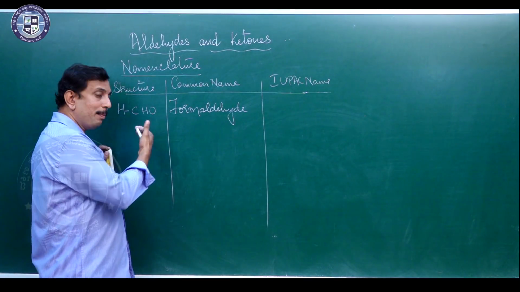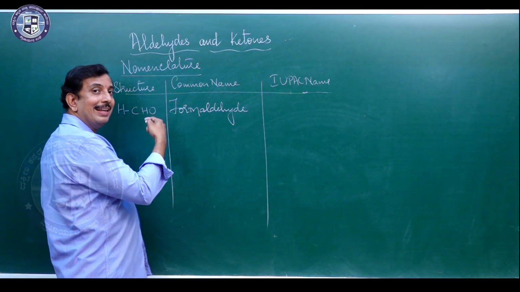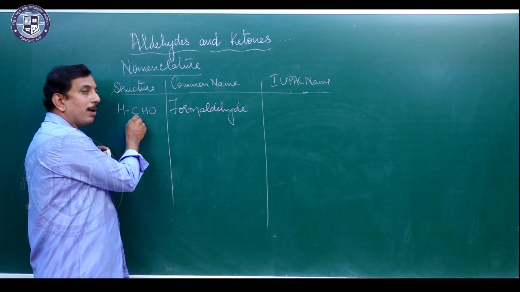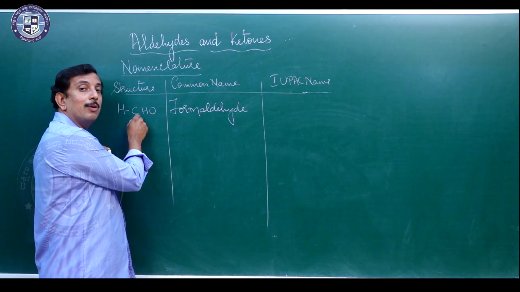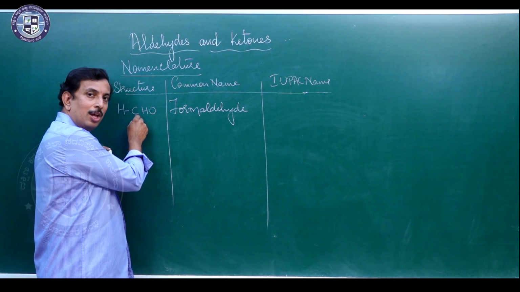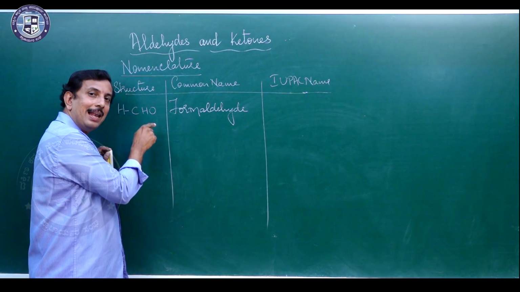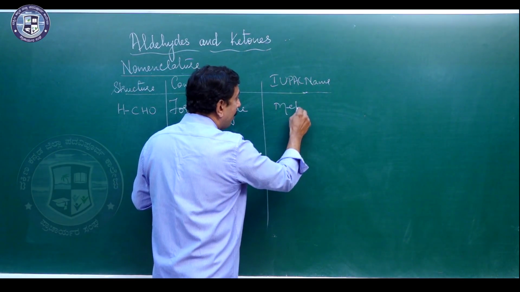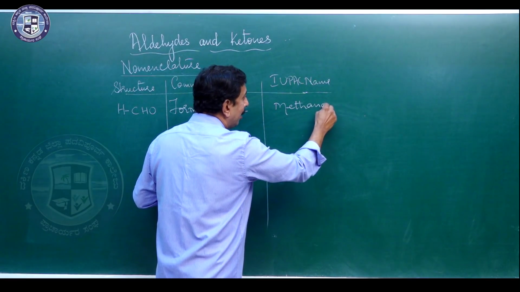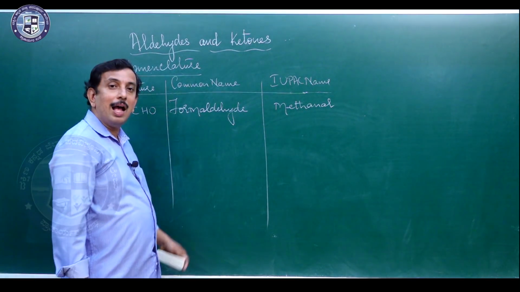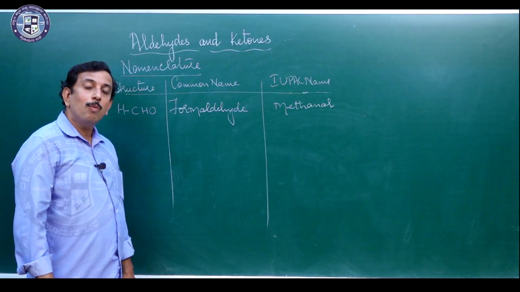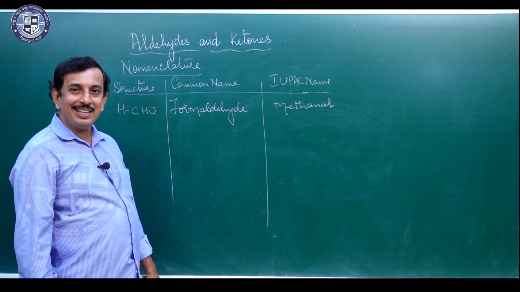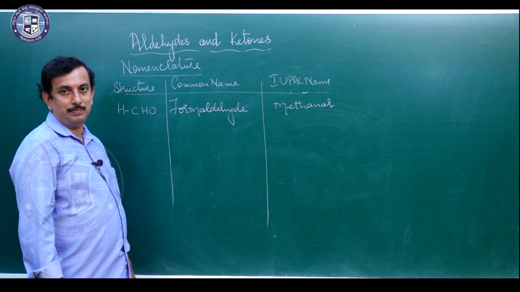And what is the IUPAC name of this compound? As I told, it is alkanal. Alkane starts from the number of carbon atoms. How many carbon atoms are there? Only one. And with one carbon atom, the alkane is methane. So remove the E, add the word al. Therefore, the compound name in the IUPAC system is methanal. This is the IUPAC name of the compound we call formaldehyde, having the structure HCHO.